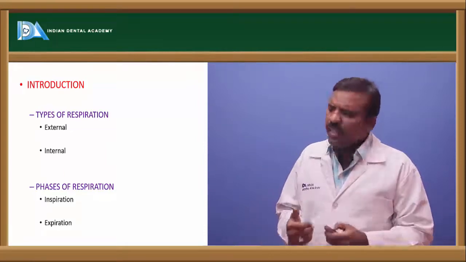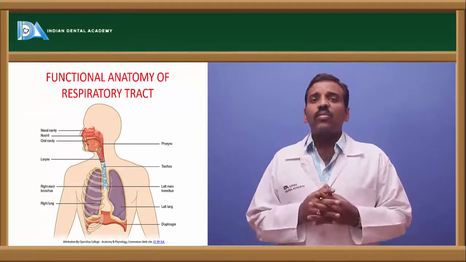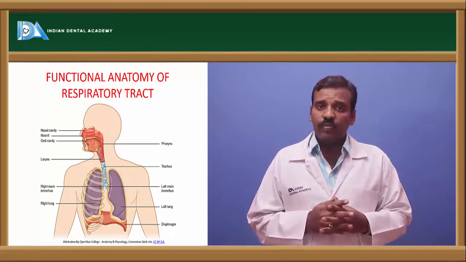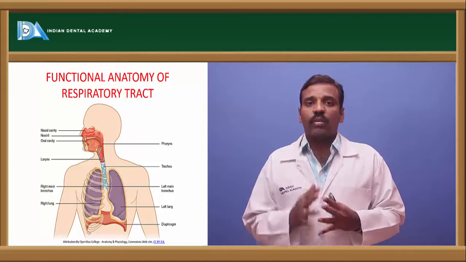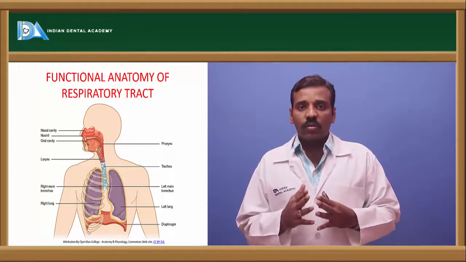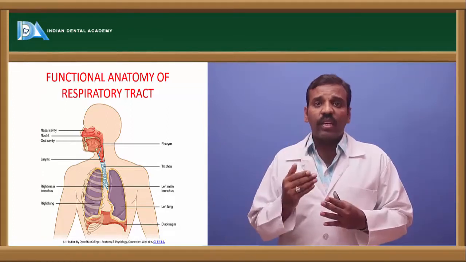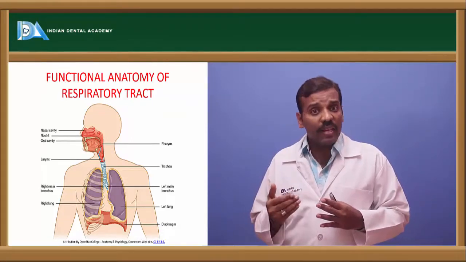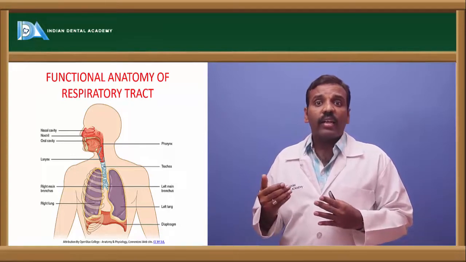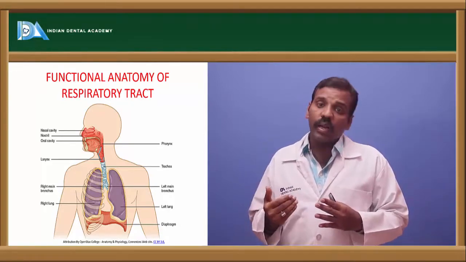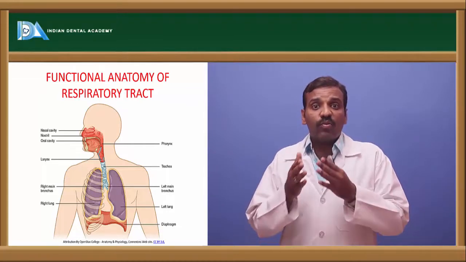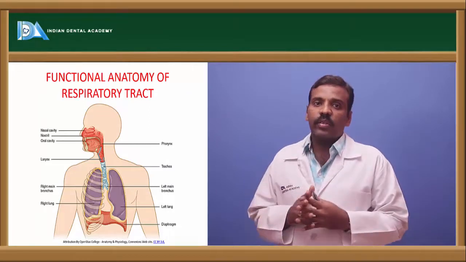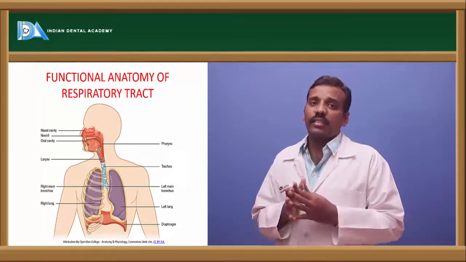Now, what are the parts involved in the respiratory system? The first one is the nose. The nose contains two nostrils, then the nasal cavity and nasopharynx, after that the pharynx, larynx, trachea, and then the lungs.